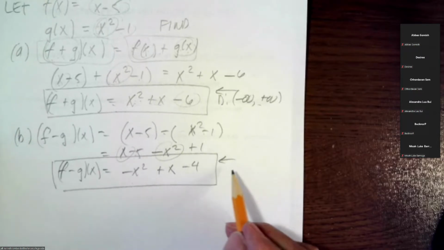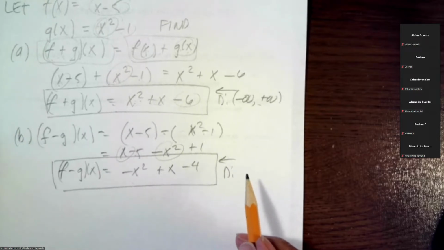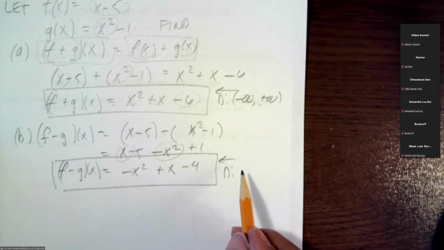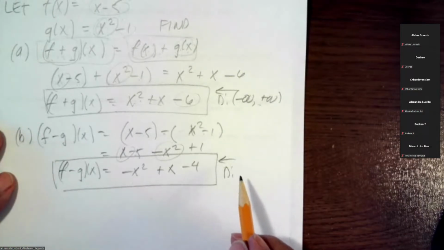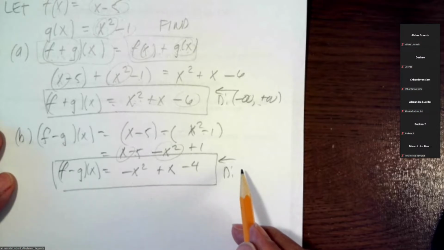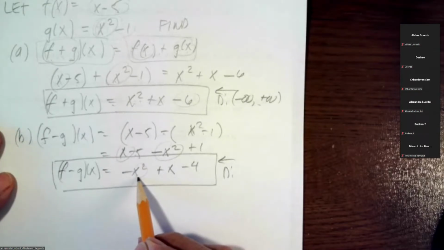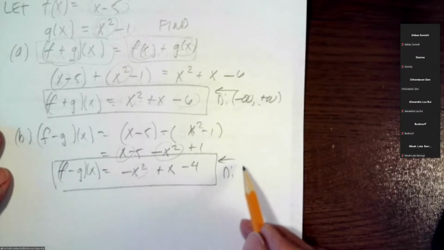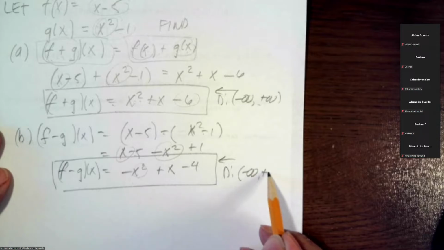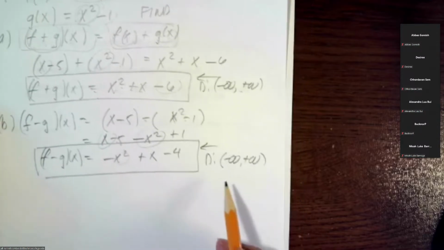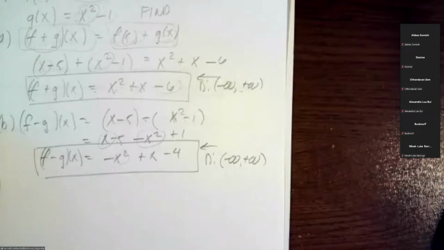And then if we're looking for the domain, what do we think the domain is going to be here? Any limitations on what x can be? No. Okay, so we go from negative infinity to positive infinity again, wouldn't we?